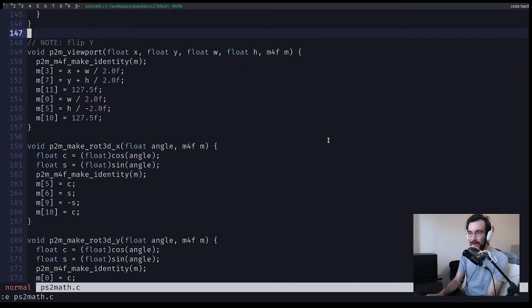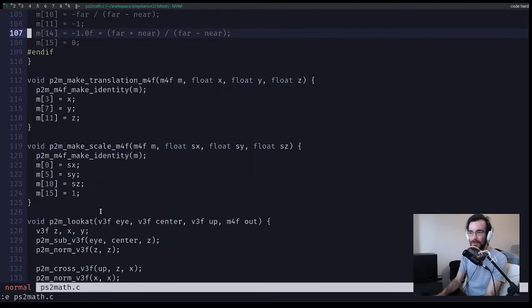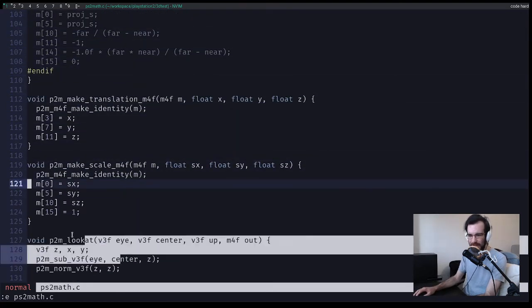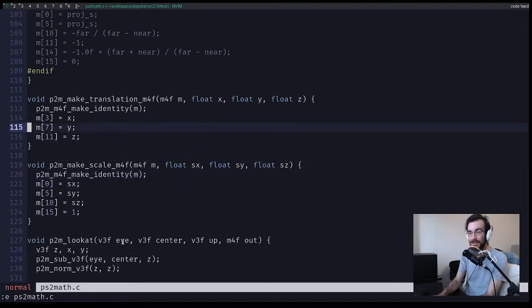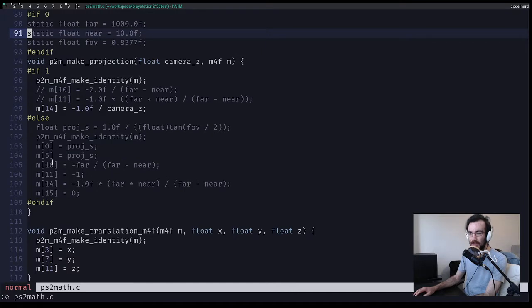Wonderful PS2 math. So this is kind of similar, right? There's no equivalent to look at in the PS2 SDK library, so I might pull in some of this logic. Translation, scale, projection. Yeah, okay, so I have done this before. I've done pretty much this before.